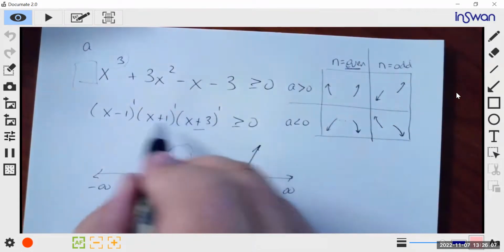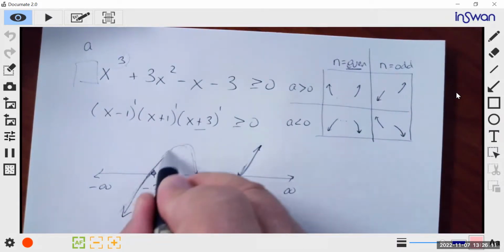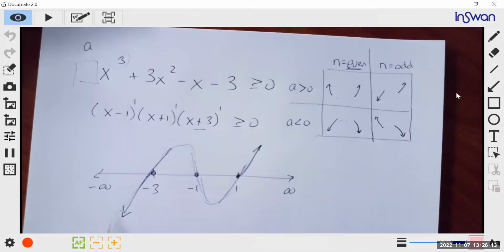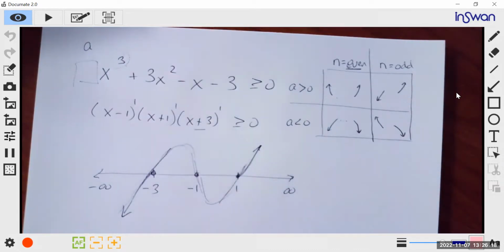Since the multiplicity of each of these x-intercepts is odd, the graph doesn't bounce at that point. If the multiplicity is even, it bounces at that point. But since it's odd, it crosses. So our graph will look something like this.